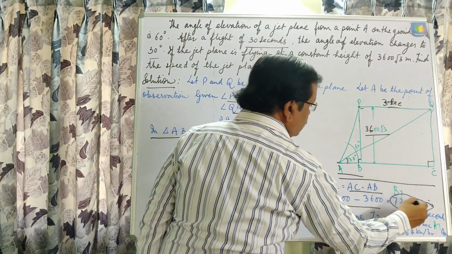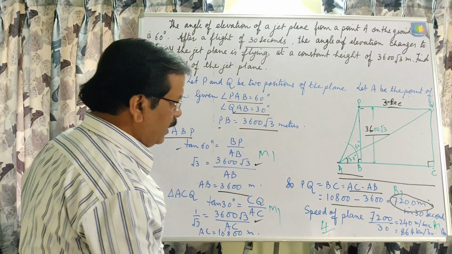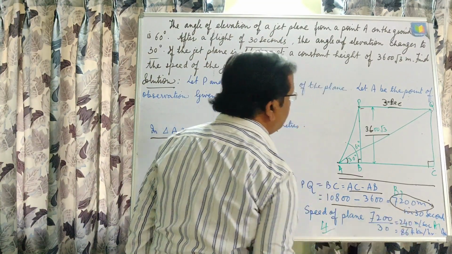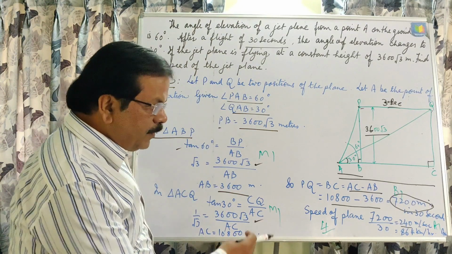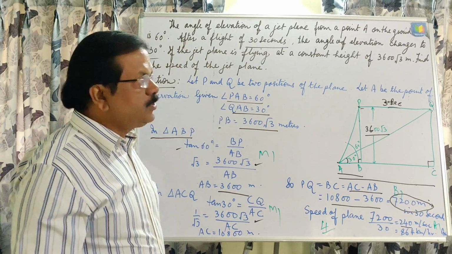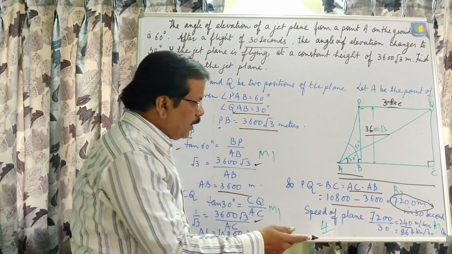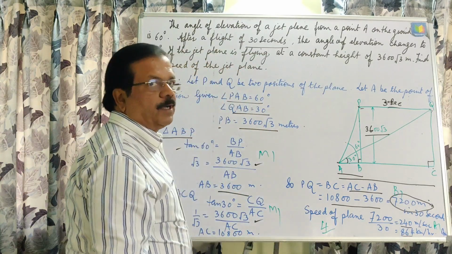And so finding the speed means 7200 divided by 30. This much 240 meter per second will be the speed of the jet plane. Or we can convert, this is our choice because this is not asked in the question, in kilometer per hour. This will be 864 kilometer per hour.